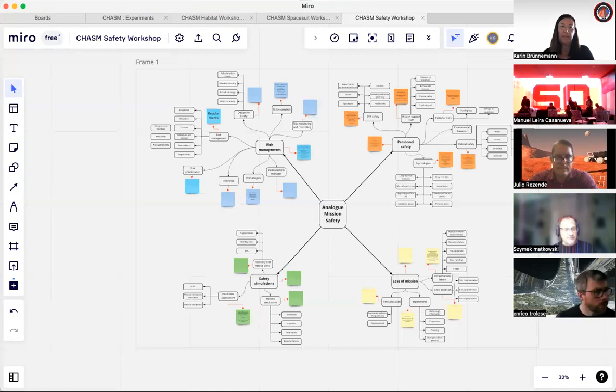So in loss of mission and personnel safety, there is a very important role of the building of the habitat systems itself, because part of them can be simulated as simulation failures, but there is also a big part of critical real failures that require proper procedures, and they are legally bound and require a much more serious approach, because some of them could be life-threatening issues that need to be dealt with, like loss of air conditioning in Brazil, or possibly a simple non-working fire detector.